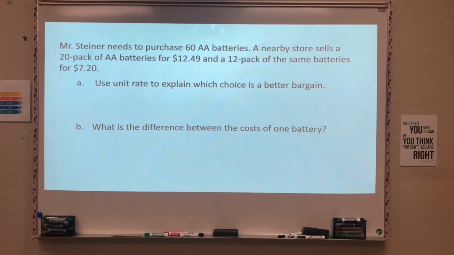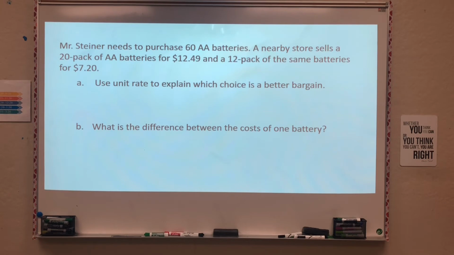So we're figuring out here it's 1.6 batteries per dollar. And when you go to buy something, it's the other way around. You want to figure out the cost per battery, not the batteries per dollar.